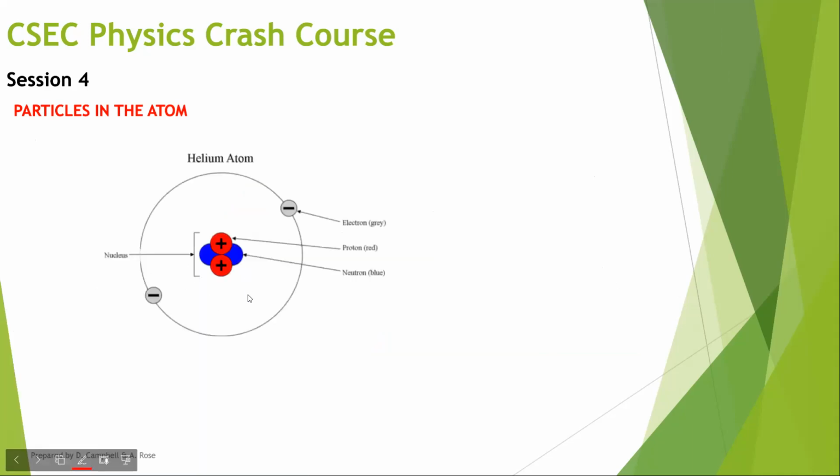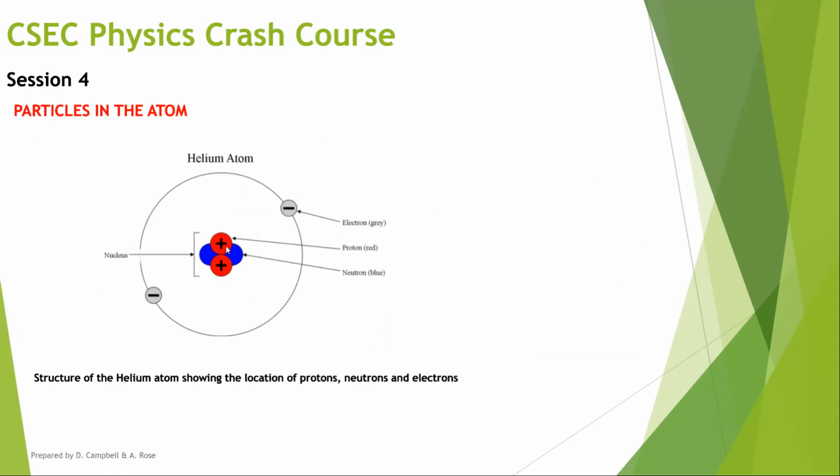Okay, so this is a representation of an atom, where we have a nucleus in the center containing protons indicated by red circles with a positive sign, and the neutrons by blue circles. So this is the nucleus, and then we have the electrons in the shell. This is a helium atom.